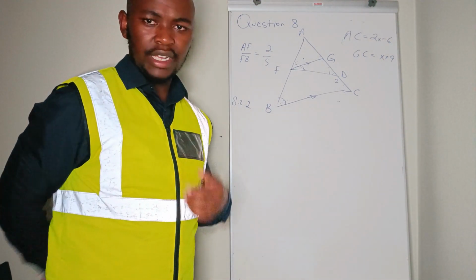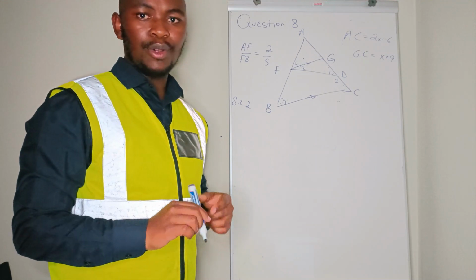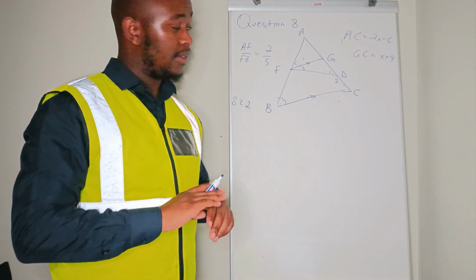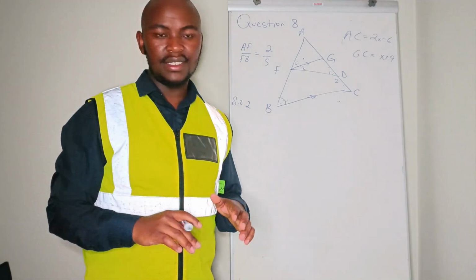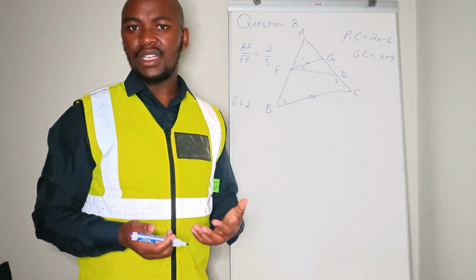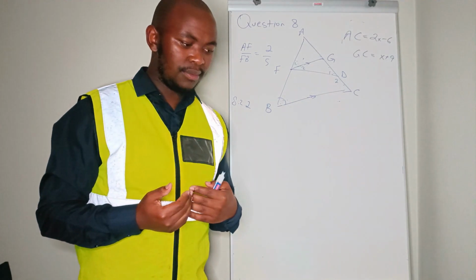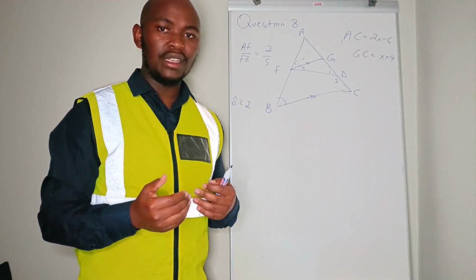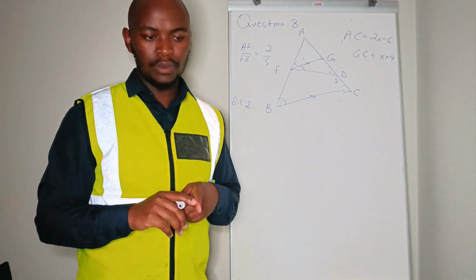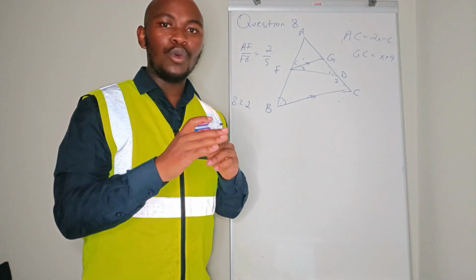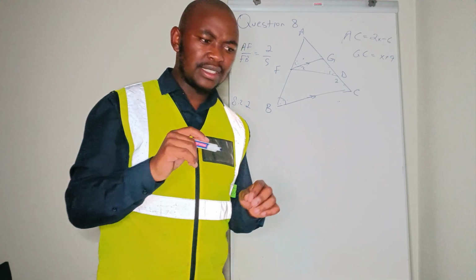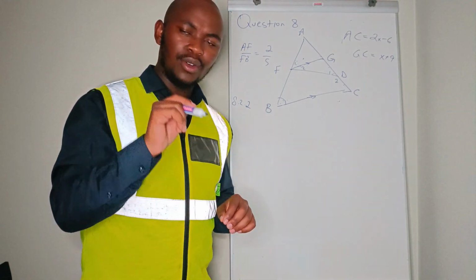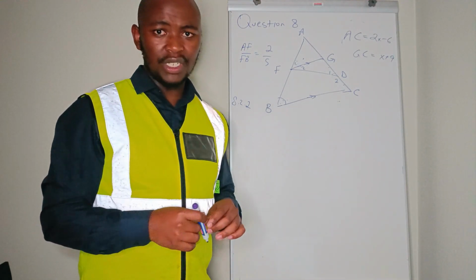So like I told you, this question is about proportionality, and from the get-go, what is the basis of proportionality? If I say something is proportional, we use a ratio, and we're going to follow that ratio throughout because it's true, but we need to first specify that whatever we're dealing with is proportional.